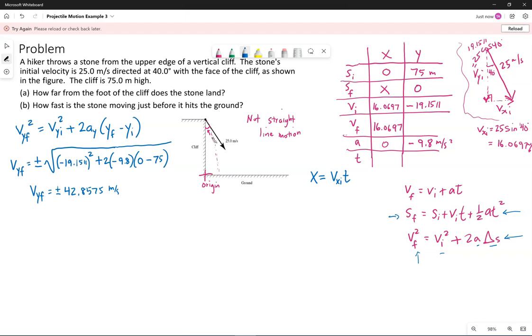Vy final means the y component of the velocity right before the stone hits the ground. It still totally has an x component as well, but here we're looking specifically at the y component. Well, the stone is definitely heading downwards, and so we need the negative answer here.